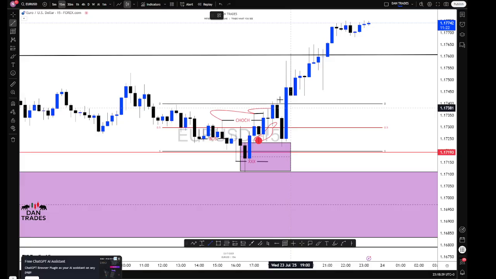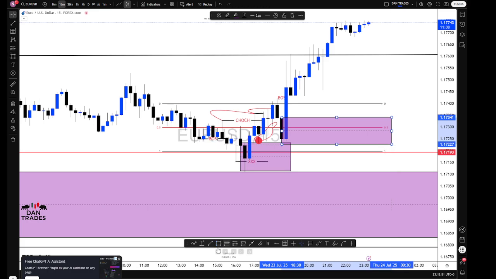And again, we have this beautiful point of interest, and we have this imbalance here, right? So if this market can come back to this area, then we might expect some push from this point of interest going up, right?